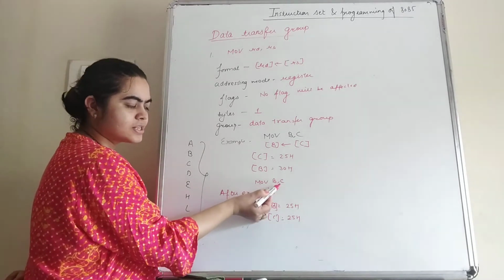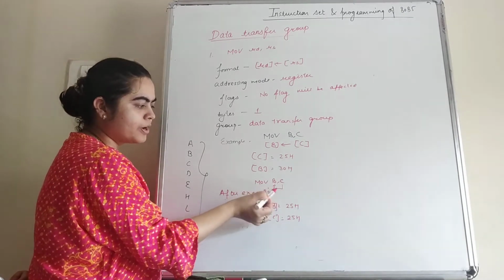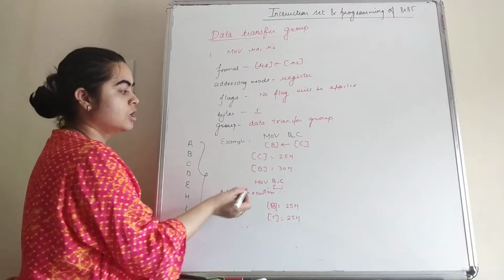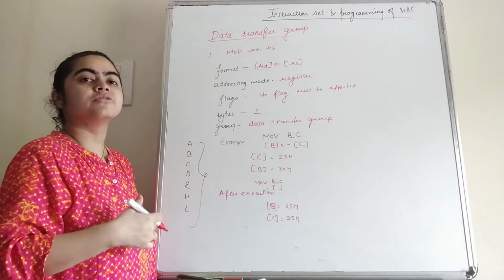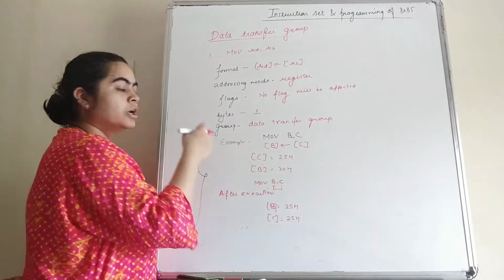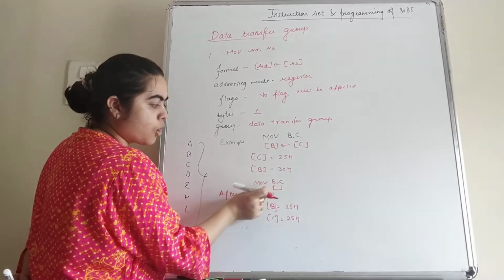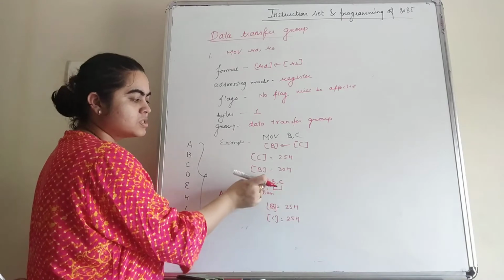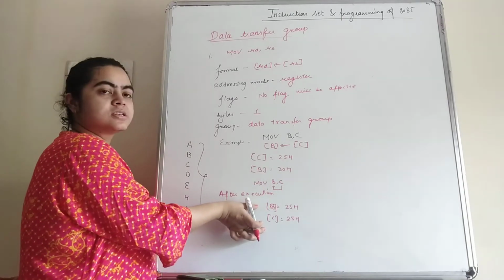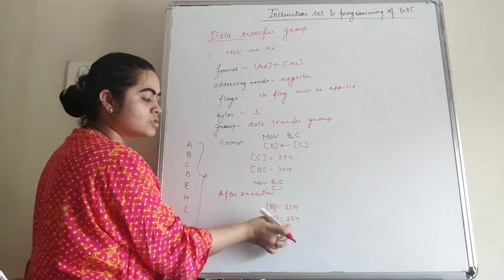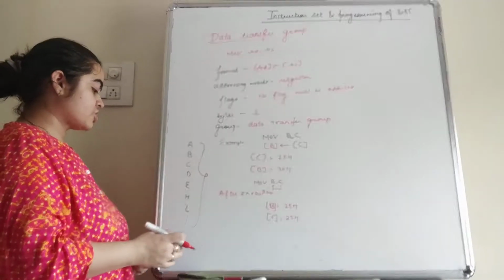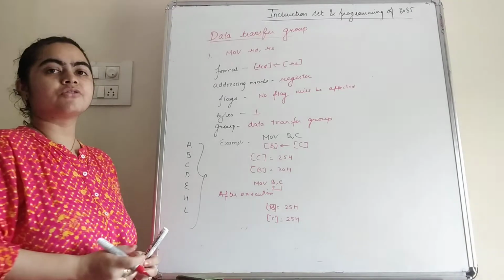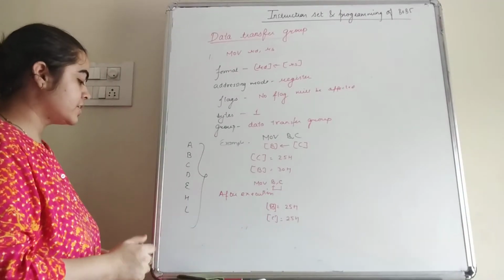Whatever the contents of C, that will be copied into the destination register, and the contents of the destination register will be overwritten by the new content. Now after transferring the value from C to B, both registers have the same value, 25H. So this is the MOV instruction to transfer the contents from one register to another register.